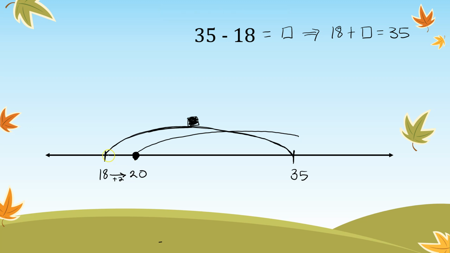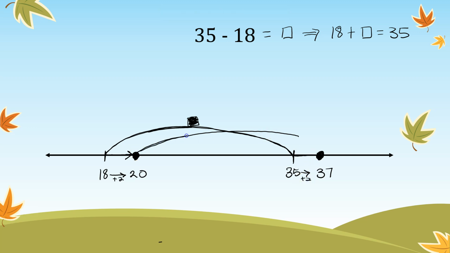Well, it's going to move forward however many units this is. So I'm going to move this forward 2 more units, and I end up right here at 37. Because if 18 gets moved forward 2 units, 35 will get moved forward 2 units to 37.